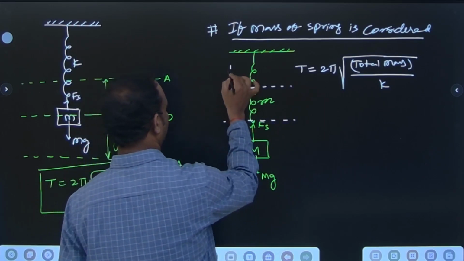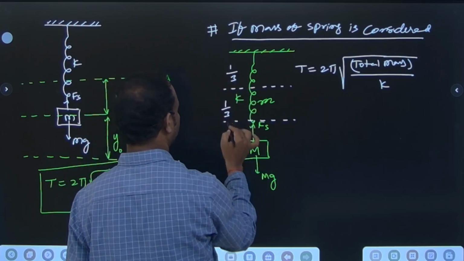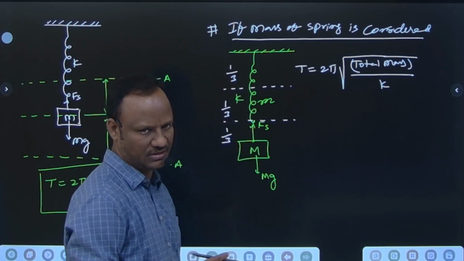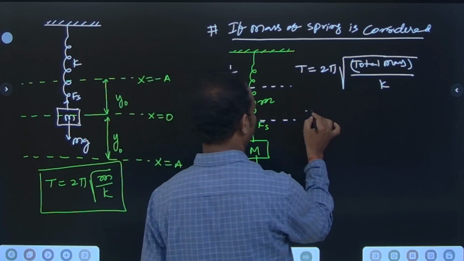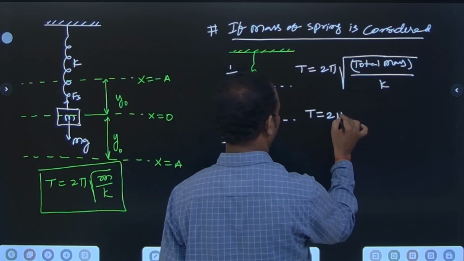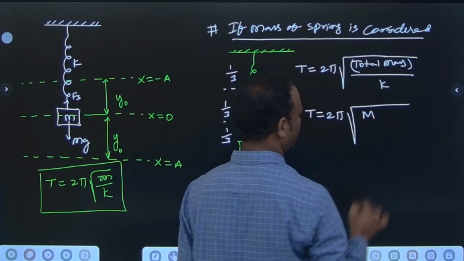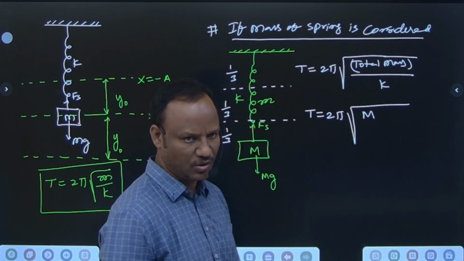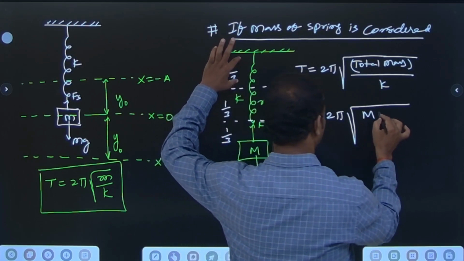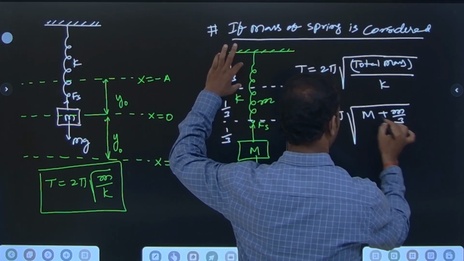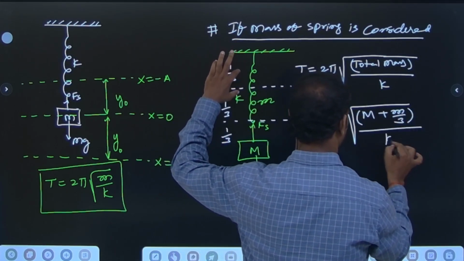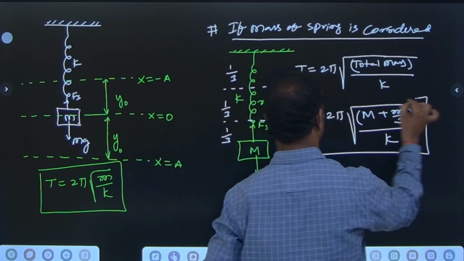So for remembering and for problem solving, it is 2 pi under root of capital M, the mass of the suspended body, plus the mass of the spring divided by 3, by k.